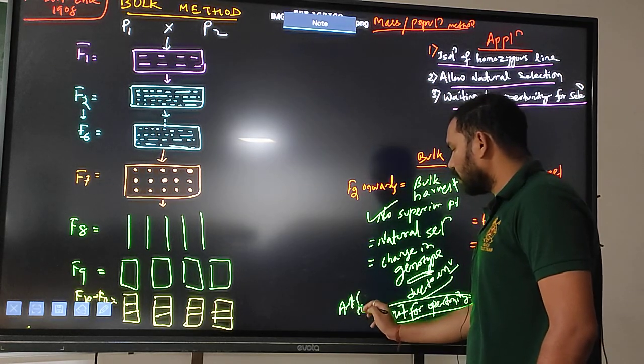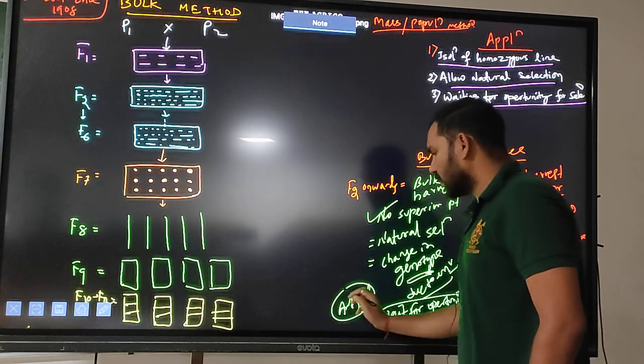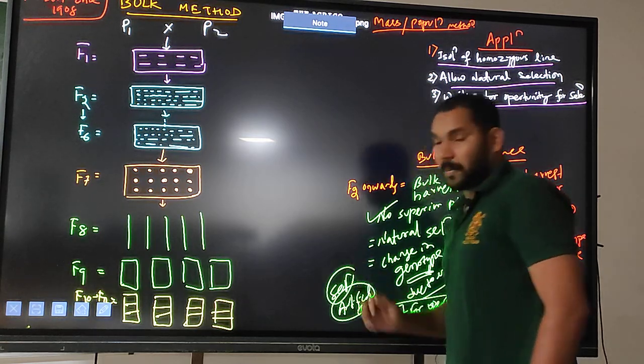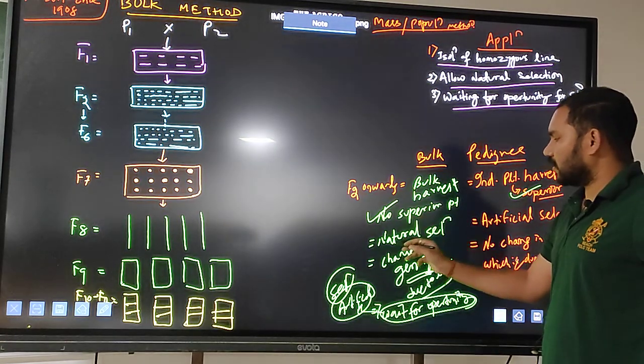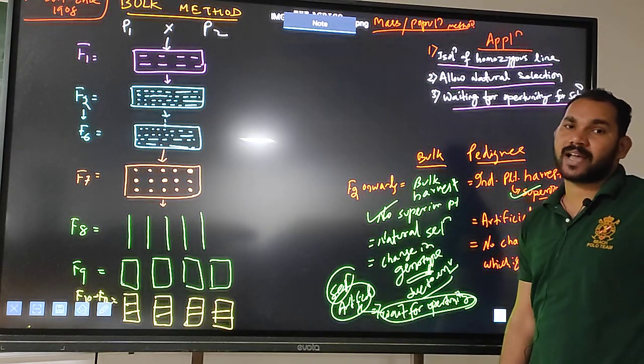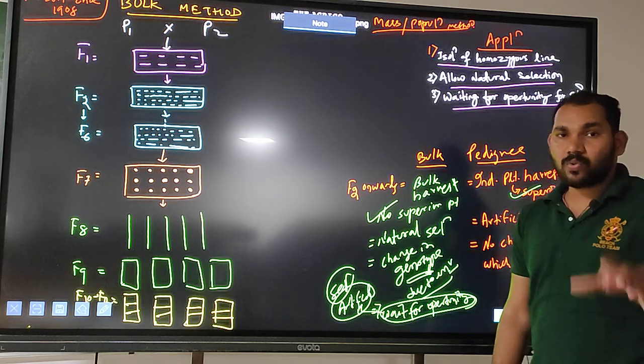Here in the first case I am telling there is natural selection, but again I am saying artificial selection. So what does it mean?